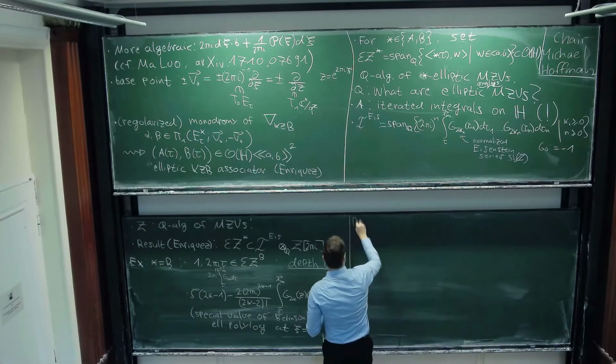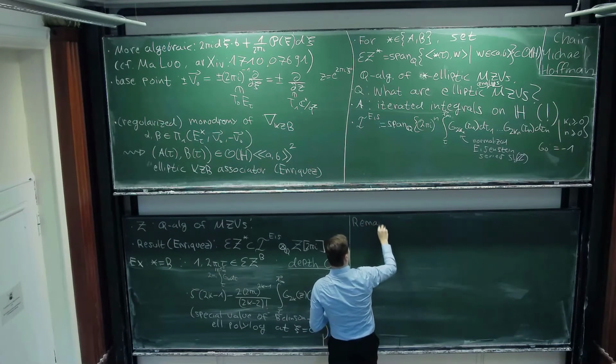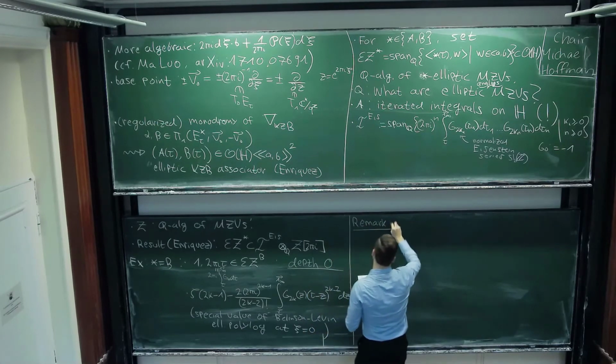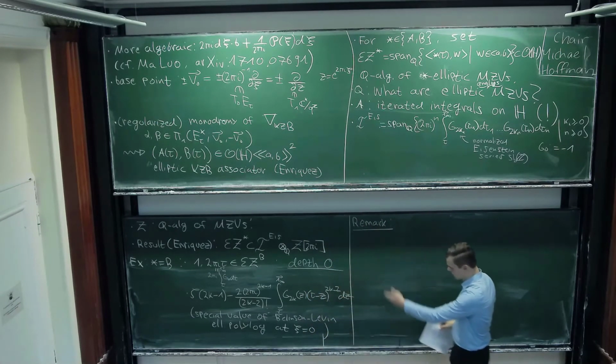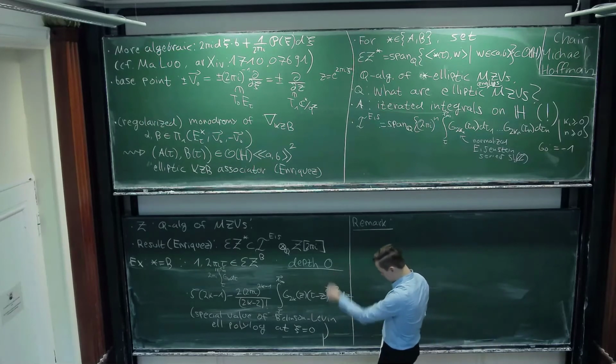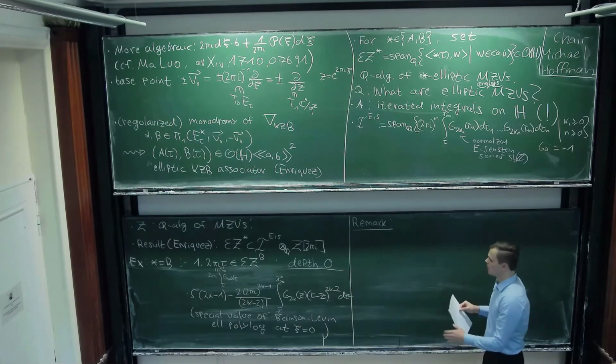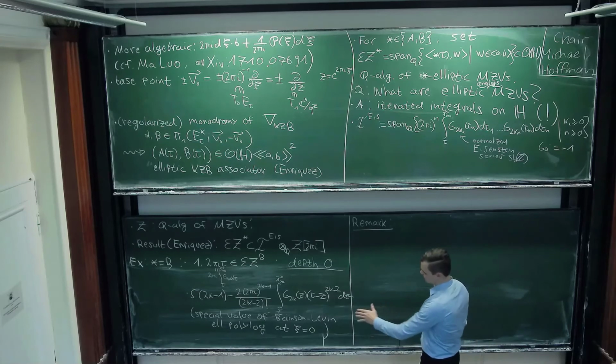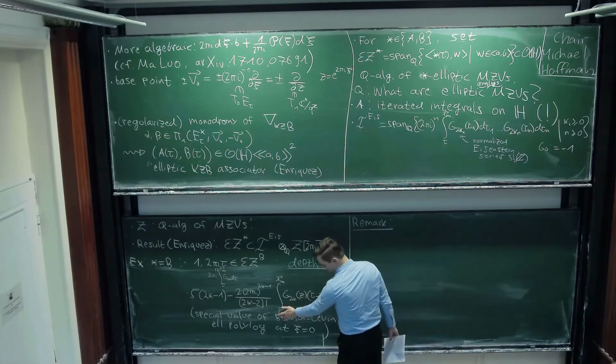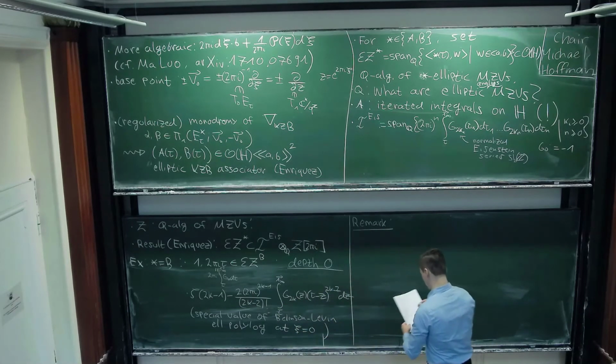All right. So, short remark for all people who are more interested in periods and less interested in families of periods. Elliptic multiple zeta values are functions depending on the parameter tau. But what is nice about them is that if you specialize them to interesting points, to interesting tau, then you're getting interesting numbers.